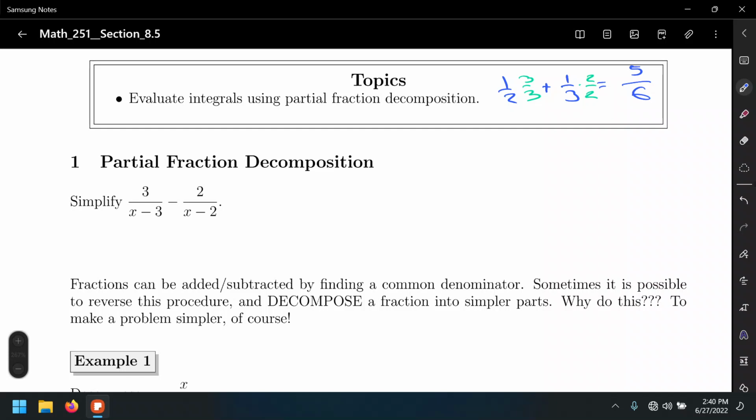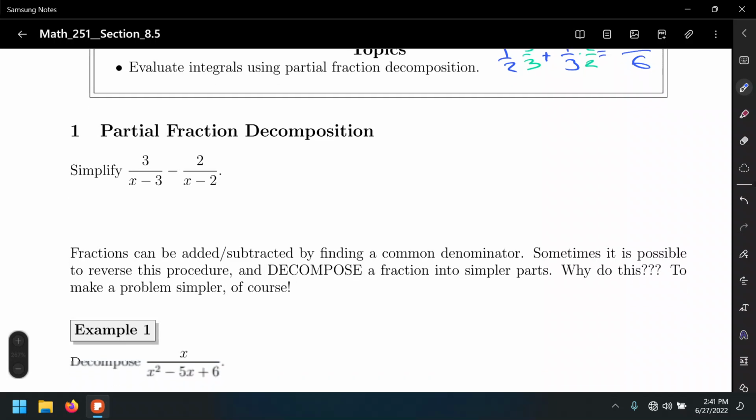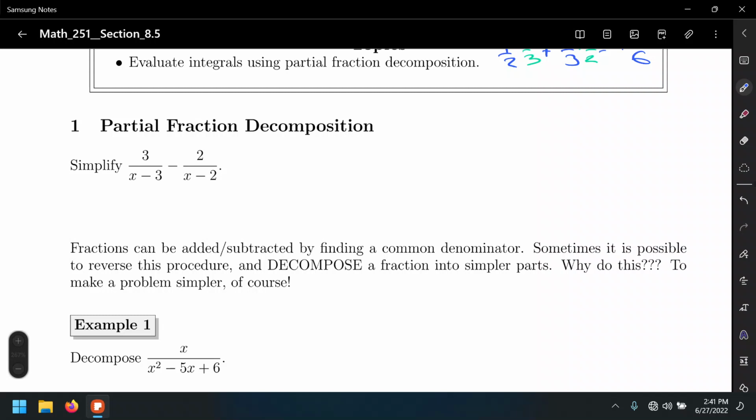And of course, we did that with rational expressions involving x's, or any variable rather. In this case, we want to simplify this, but we don't have the same denominator. If both of these were x minus 3 or x minus 2, then we could just combine the numerators by the indicated operation, which in this case is subtraction.